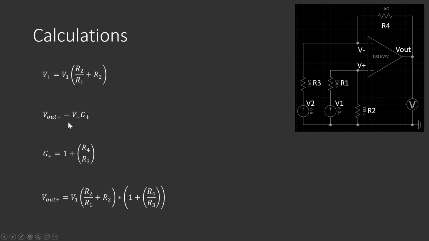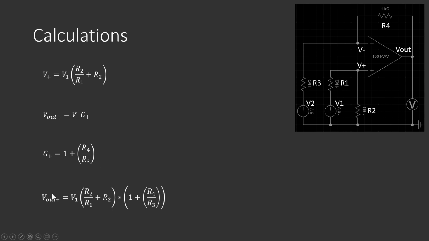Then we've got the general equation for gain. So voltage output is equal to the voltage on the terminal times gain. So I've written plus for each one. So it's the non-inverting output equals the non-inverting input voltage times the non-inverting gain. The non-inverting gain is just 1 plus R4 over R3. I've done a video on non-inverting amplifiers before, but if you're not familiar, this is the standard equation for a non-inverting amplifier.